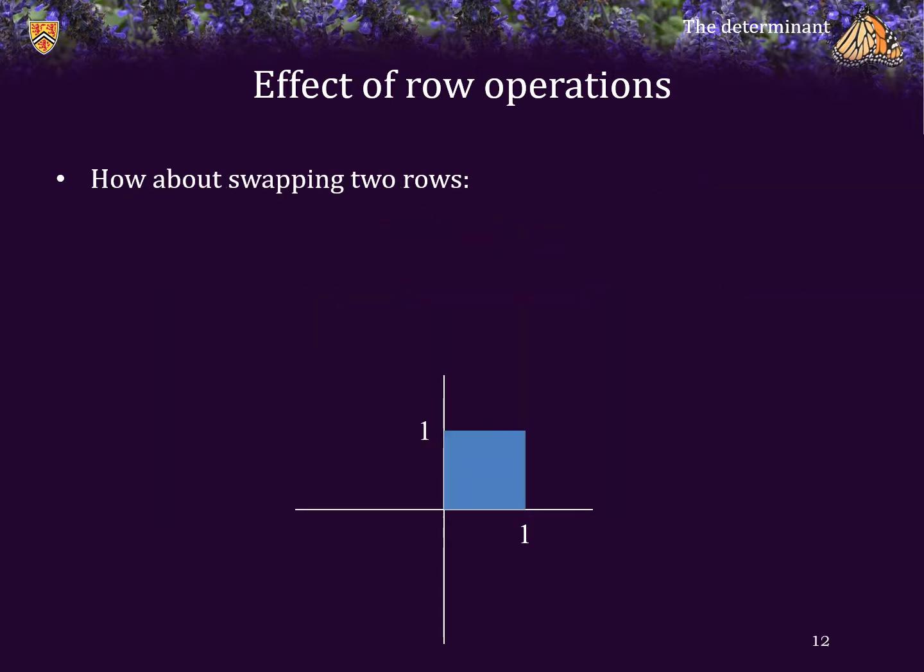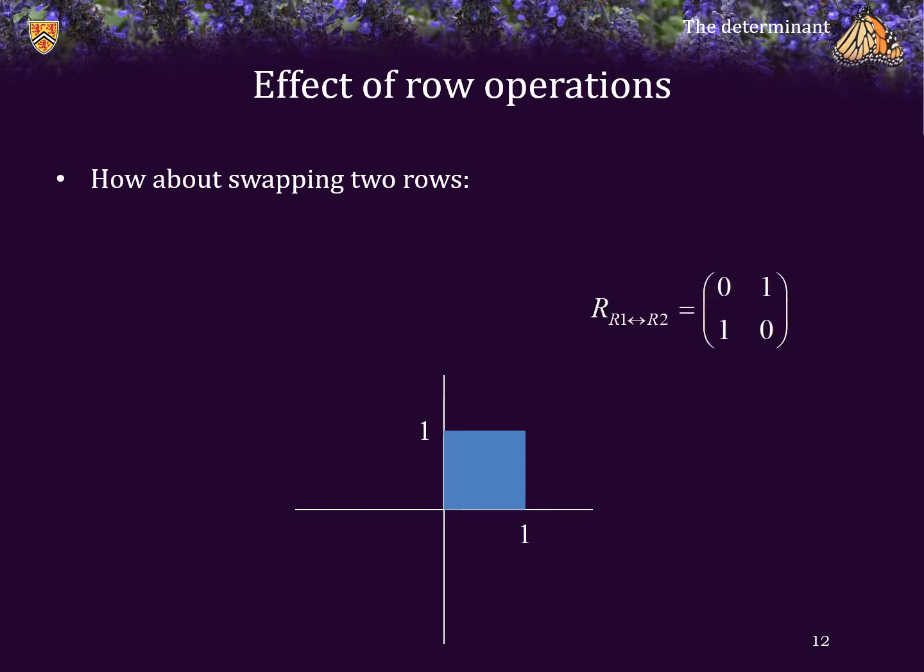All right, how about the effect of swapping two rows in a matrix? If we multiply a vector by this row operation, this has the same effect of swapping two entries in that vector. So here in R2, we see the unit square.